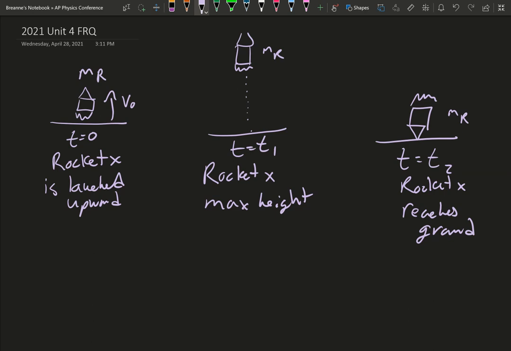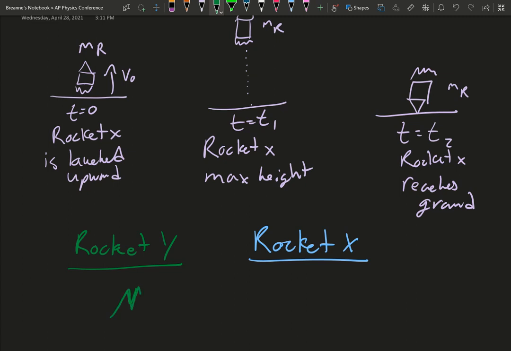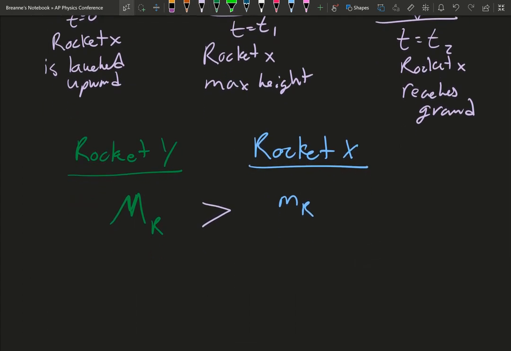In the second experiment, which has not yet been conducted by the students, rocket Y has a mass of big M. So for rocket Y and rocket X, they're using big M for rocket Y and little m for rocket X. They're saying that rocket Y's mass is bigger than rocket X. It will launch vertically upward with the initial speed of v0.